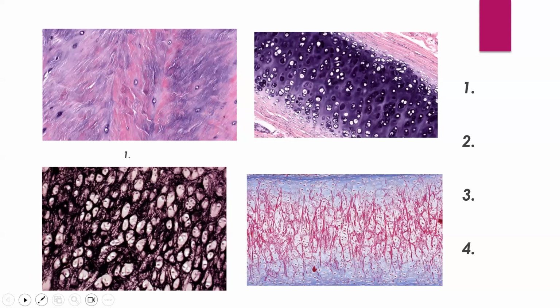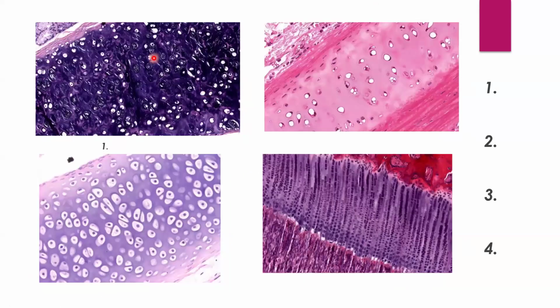We can also appreciate at this point you have elastic cartilage. You can appreciate the high cellularity and also the stain itself. So this is elastic cartilage. This is hyaline cartilage. This is hyaline cartilage also. And then at this point, you can appreciate the epiphyseal growth plate.